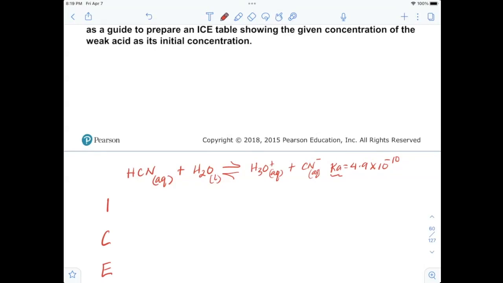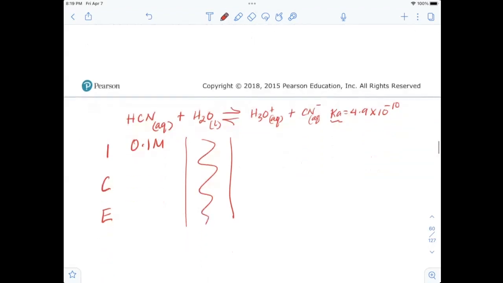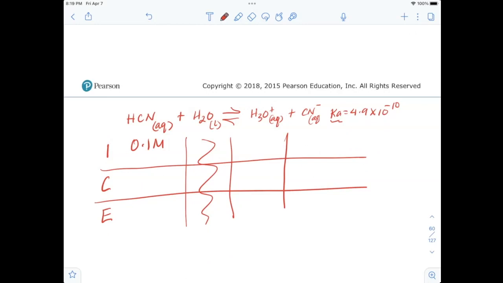They gave us an initial amount of 0.1 molar, and then I can just block this whole section out. This will not be involved. Then we have this part right here. Initial amount of the hydronium ion formed is 0. Initial amount of cyanide ion is 0. I don't remember how to pronounce this right now. Okay, CN minus. This is 0, right?